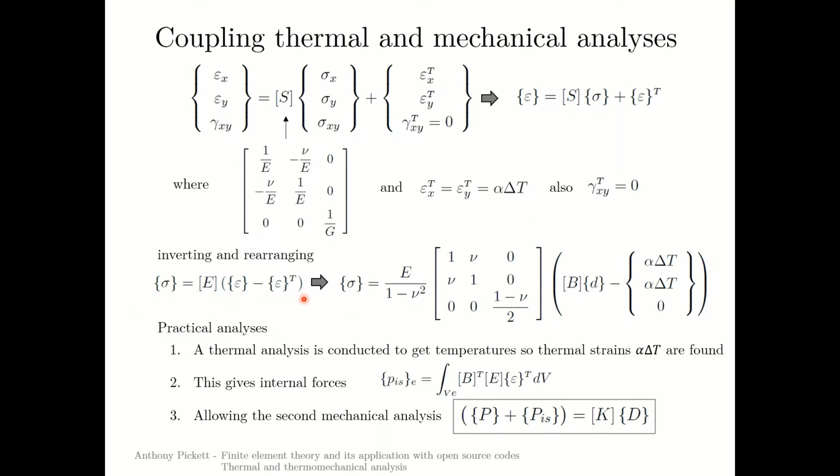So the stresses imposed will be the strains the material is undergoing minus the thermal strains, which are given by these, all multiplied by the elasticity matrix for the material. So E is the inverse of the compliance. Stiffness is the inverse of the compliance. And in full matrix form for a 2D isotropic material, we'd have these relationships.